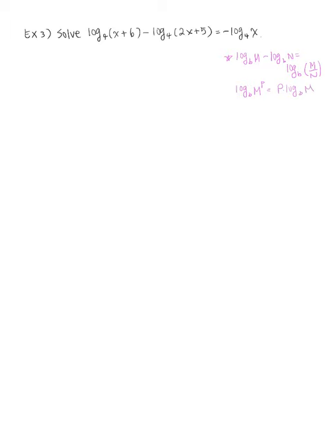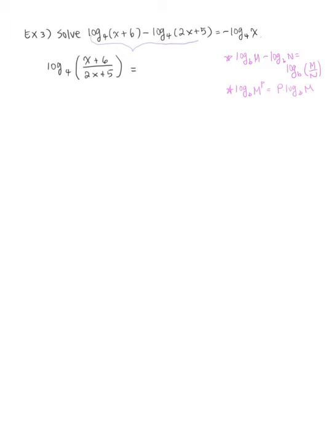Now let's work it. So first, let me combine these two by using the first property that I wrote down. So this is the same thing as log base 4 of x plus 6 all over 2x plus 5. And then on the right-hand side, I'm going to use the second property here. So what's going to happen is that this negative 1 is going to be an exponent on x.